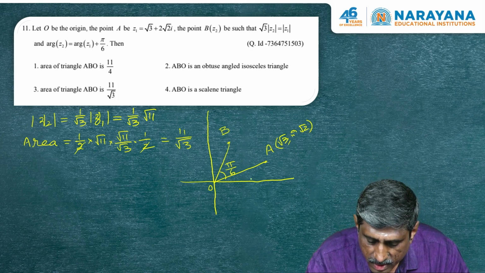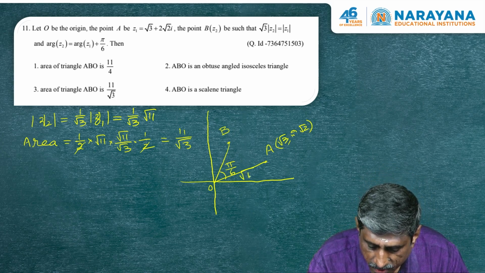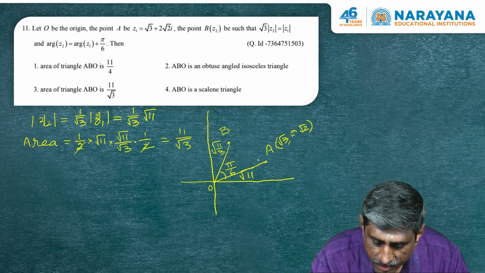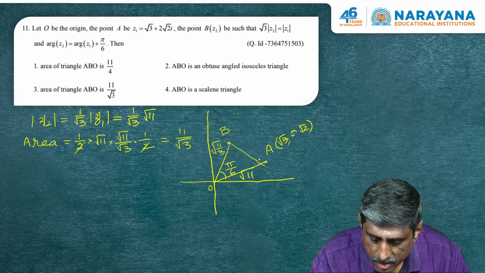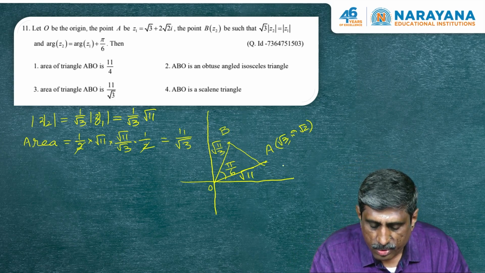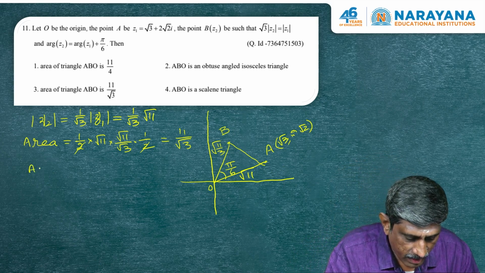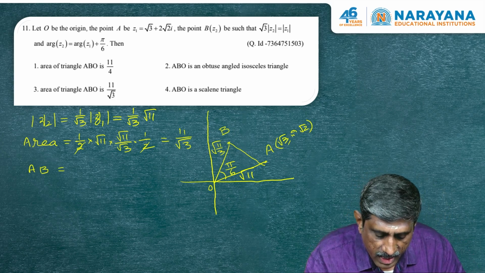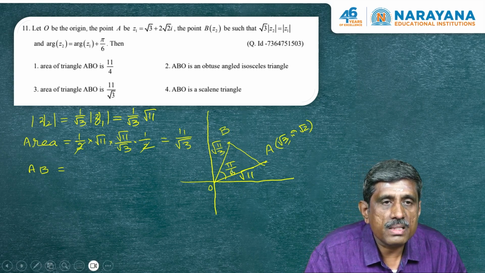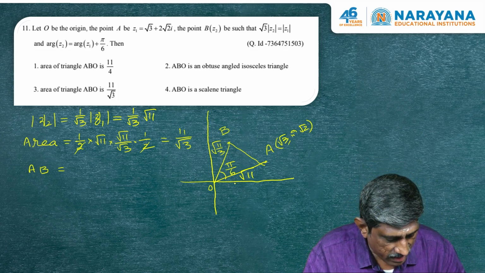Now, this is root 11 and this is root of 11 by 3, and when we complete the triangle, let us find out the distance AB. Area of the triangle is half BC sin A, where the angle is pi by 6.